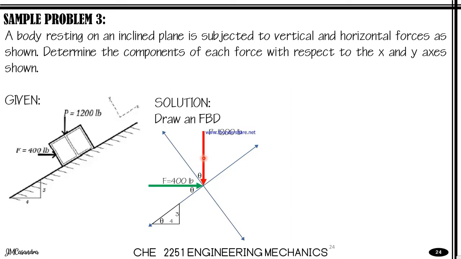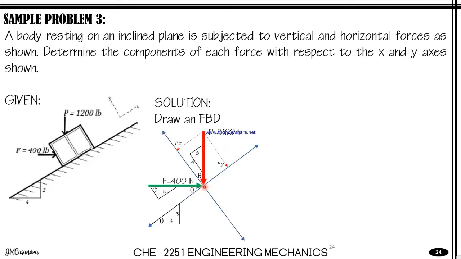So with that, opposite of theta is the 3 side, and the adjacent side of theta is the 4. Okay? So from this diagram, we can now solve for the components of force P and force F.